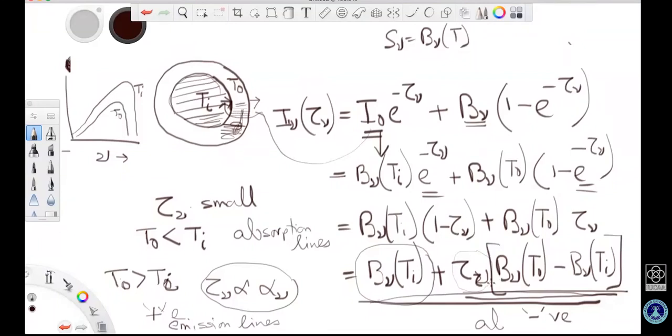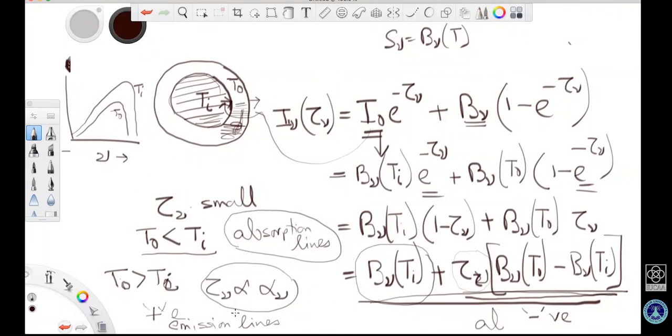First of all, I have shown that there's going to be deviation because of the atmosphere, and the deviation can be of two kinds, depending on the relative temperature of the outer layer with respect to the inner layer. If the outer layer is cooler, you will see negative deviation, which means absorption lines. And if the outer layer is hotter, then you'll see emission lines. Is that clear?